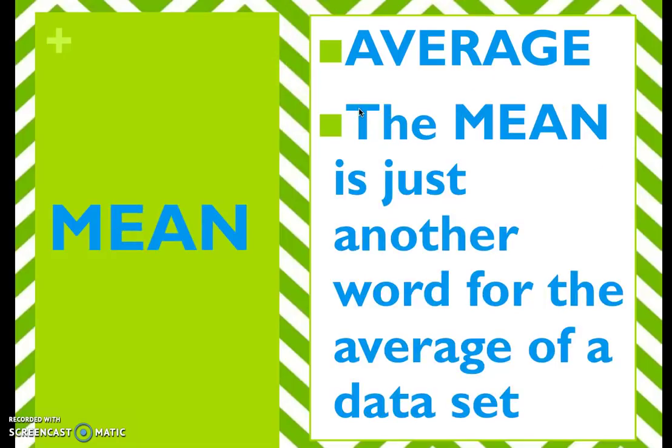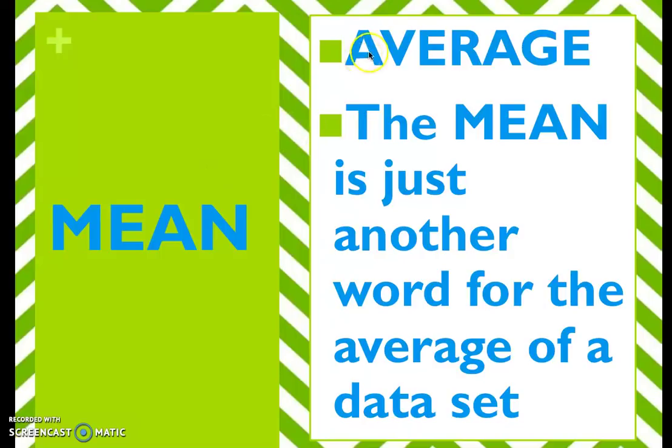The mean, another word for mean is average. The average of a data set is that central number that, if we were to pick one number, represented the entire data set. Sometimes we talk about a class average. So we take every student's score and we put them together, we divide by how many there are, and we get a centralized number that represents the group as a whole.